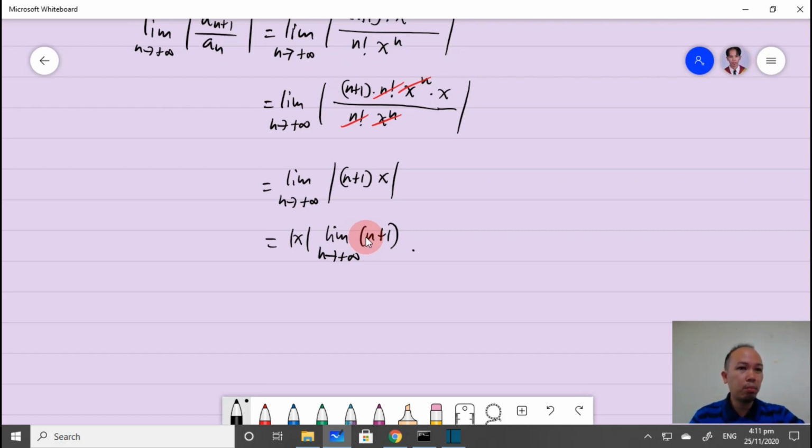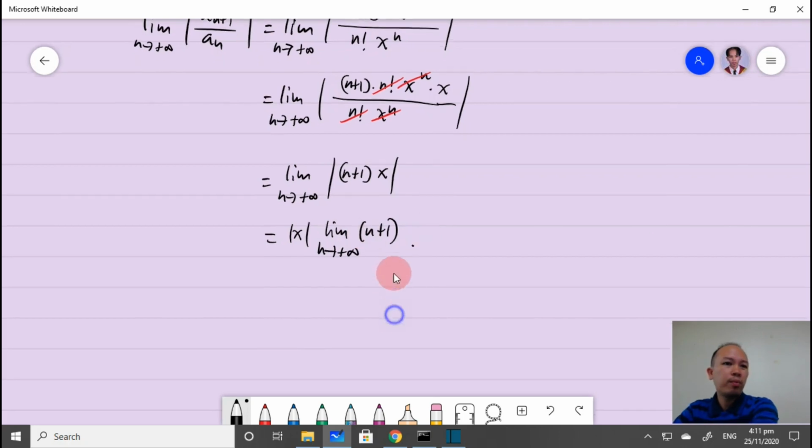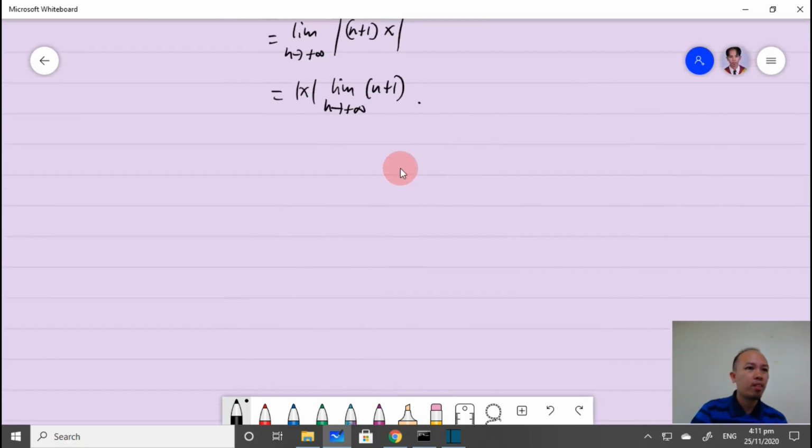So what we will do here is take a particular case when x is equal to something. So when x is equal to 0, this one becomes the limit of n plus 1 times 0 as n approaches positive infinity. This is 0.